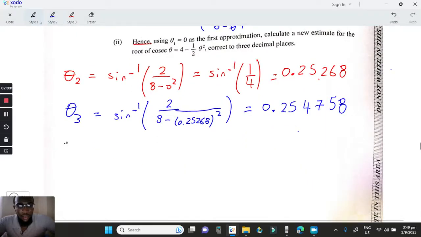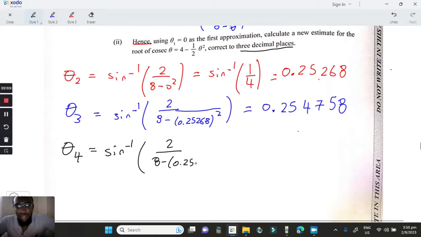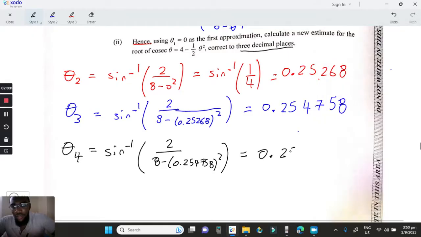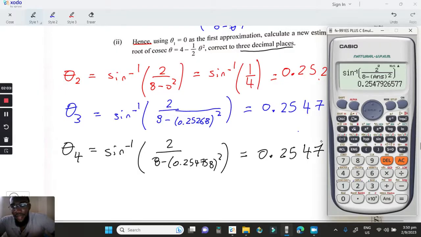So we have to go again. Always remember, you stop when the first, let's say, 3 decimal places match. Look, the first 2 are in common, but we need the third decimal to be the same. So now we have sine inverse of 2 over 8 minus 0.254758 squared. Now we don't need to change anything. Let's press equal. We get 0.25479.